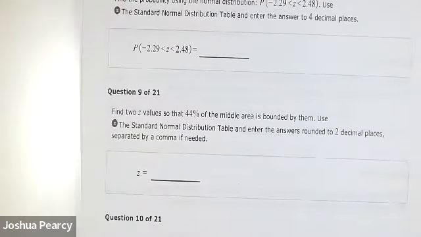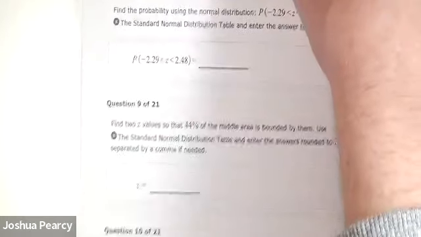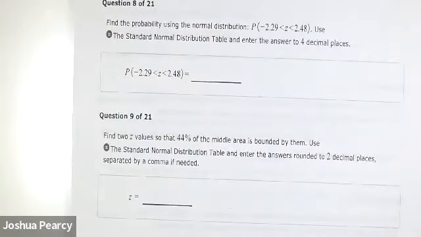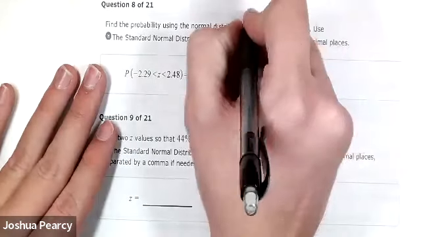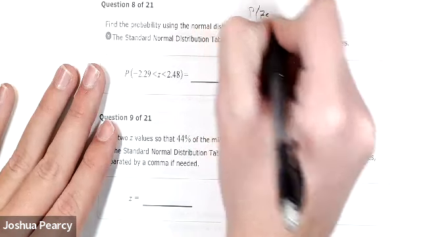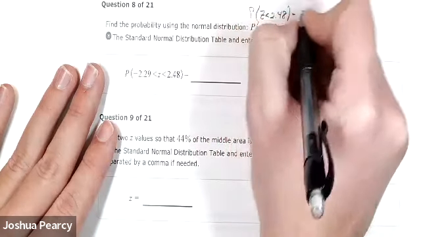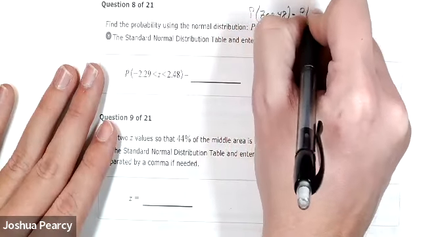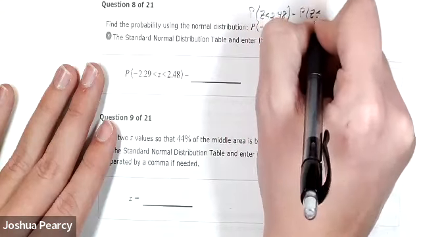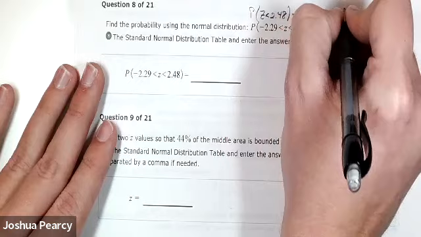Find the probability using the standard normal distribution, the probability of z being in between negative 2.29 and 2.48. Using that same idea, you can find this by the probability of z being less than 2.48 minus the probability of z being less than negative 2.29.